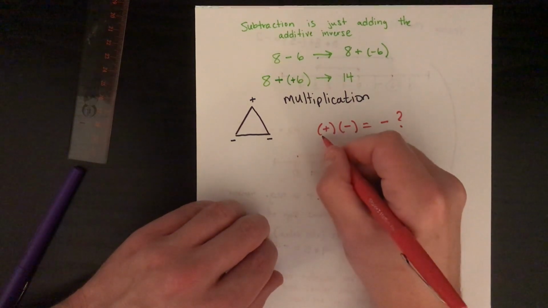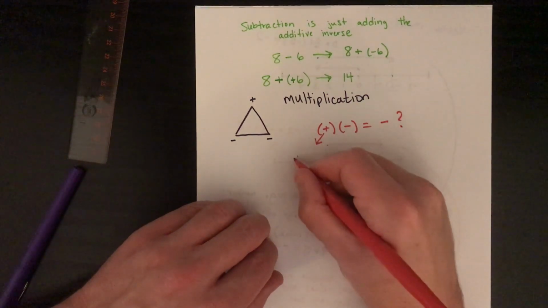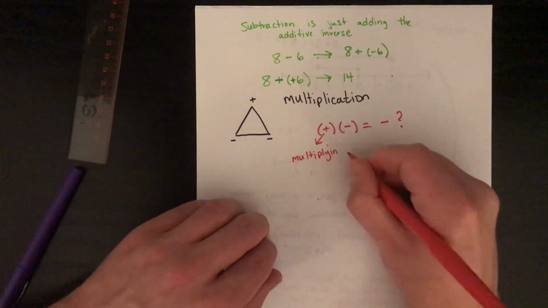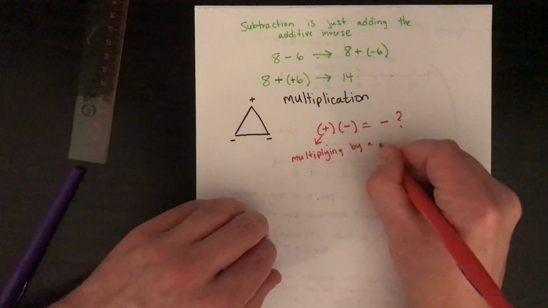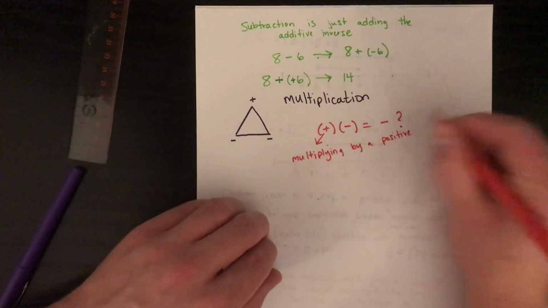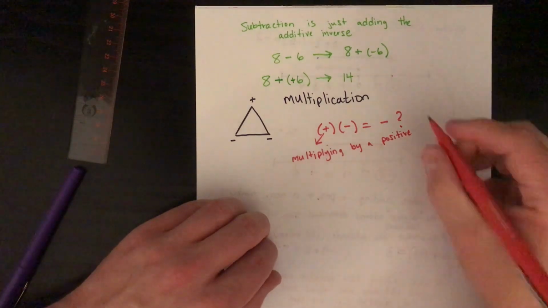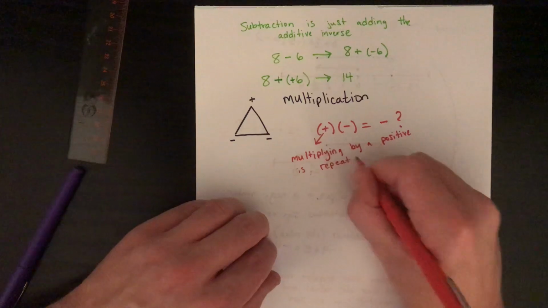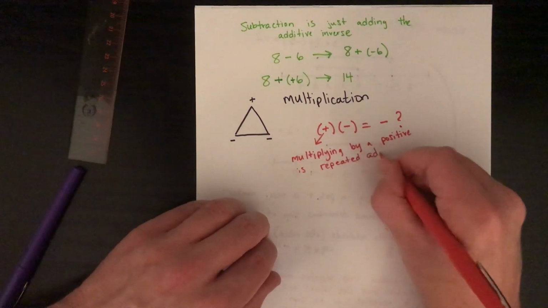Well, multiplying by a positive is just repeated addition, right? Multiplying by a positive is repeated addition.